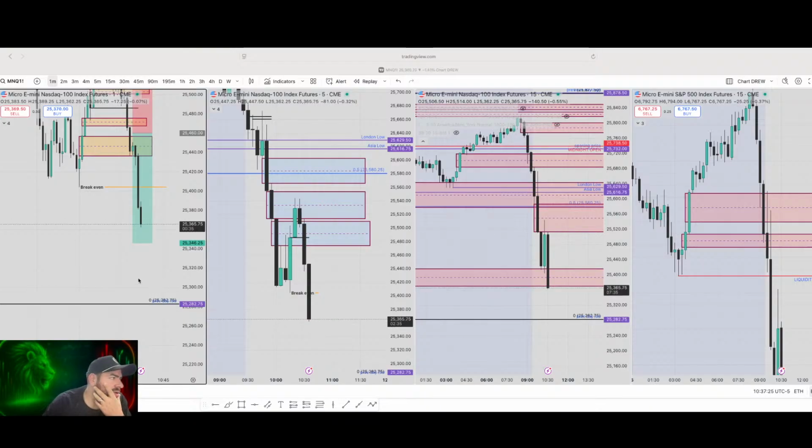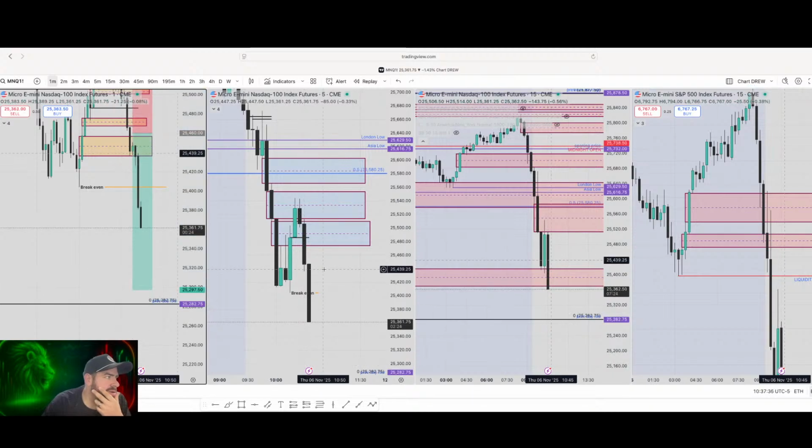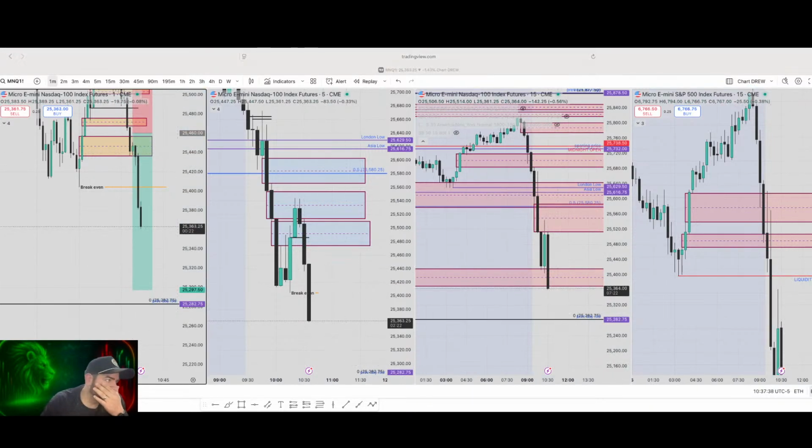So let's see if we can go all the way down. Let's see if we can take this out. I'm gonna hold it till there. See if we get it.